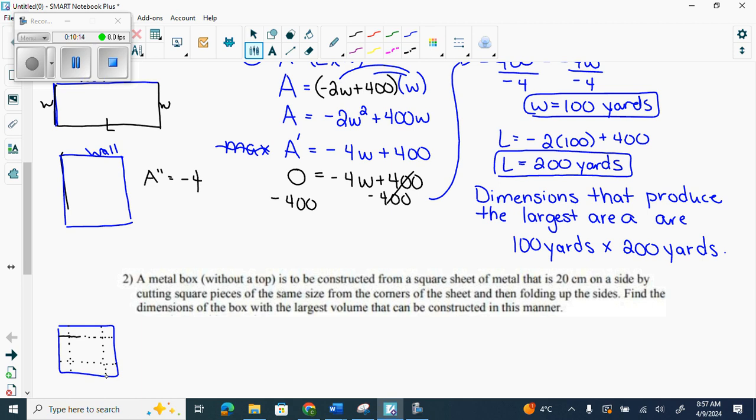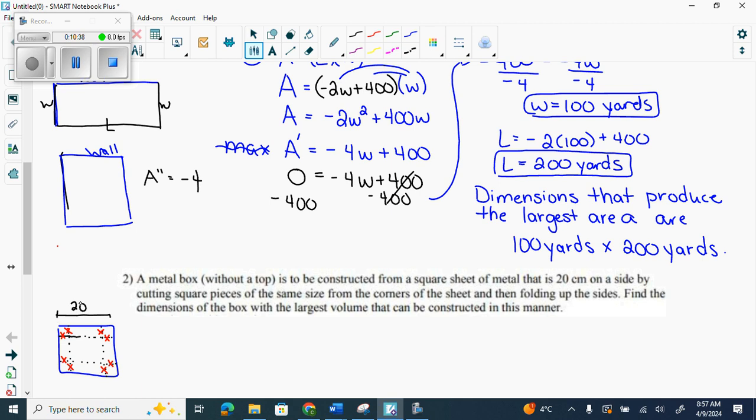So, I'm going to pick a different color. This here would be an X. This would be an X. These are all X's, right? And what's the side length on both of these? 20. So this whole length across is 20.